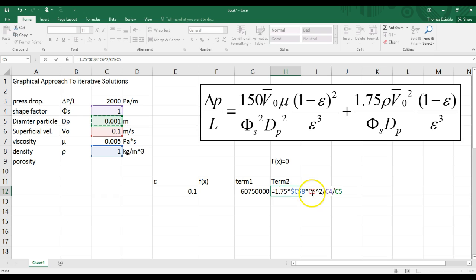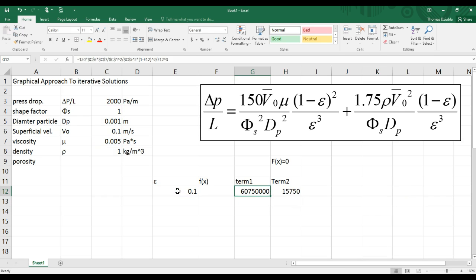And let's double check. I forgot to lock these in, so lock those in, lock this one in, and then we finally have this final term here. So that is times (1 minus epsilon) divided by epsilon cubed. So we have that term here.